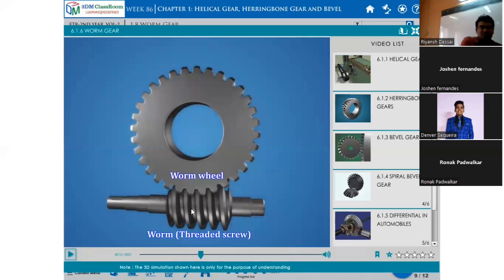This helical screw is called a worm. In the threaded worm, this screw rotates the pinion. That's why if we rotate it 100 times, it will rotate maybe once or twice. If it rotates 40 times, the wheel rotates once, depending upon how many teeth there are.